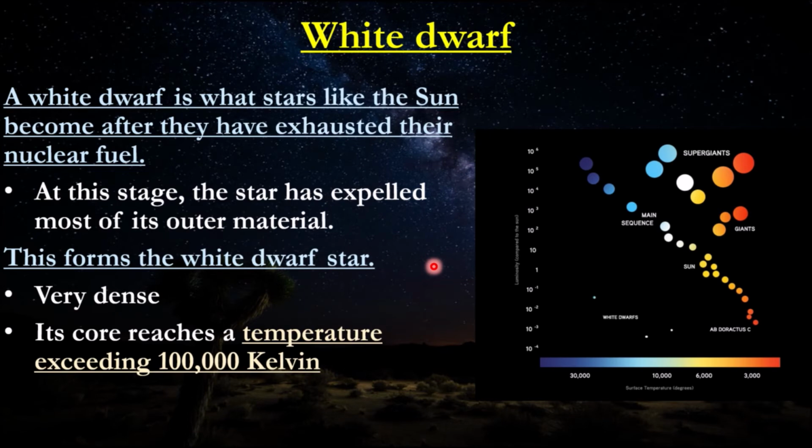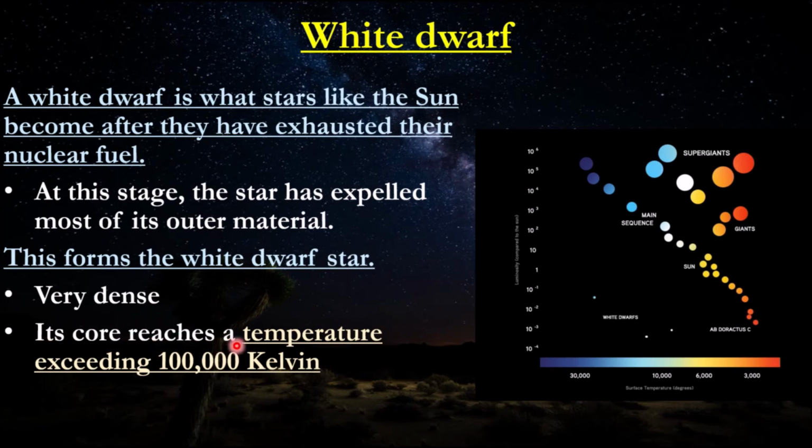Once that material has dispersed, it causes another gravitational collapse, so it makes the white dwarf very dense. It's actually the second most dense thing in our universe. It's so dense that it tries to clump all the electrons inside that star almost side by side to each other.